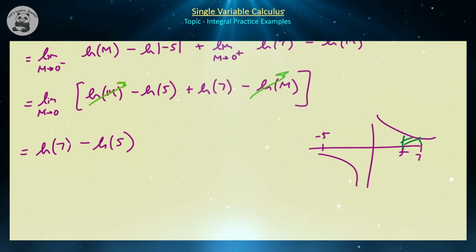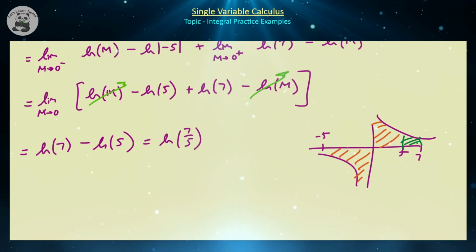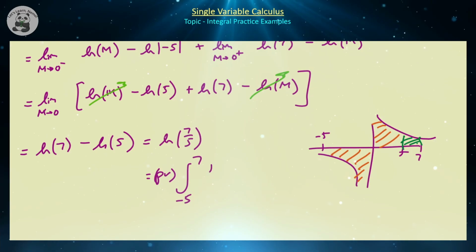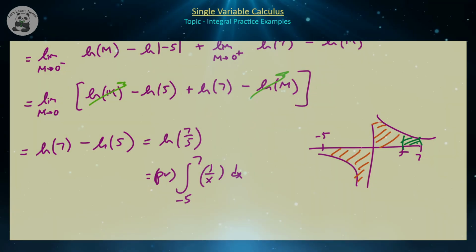This is just this piece here, the natural log of 7 minus the natural log of 5, because this positive infinity and this negative infinity are equal size infinities, just opposites, so they cancel. So that's just going to be equal to the natural log of 7/5, which is the principal value of the integral from minus 5 to 7 of 1 over x dx, which is not to be confused with the definite integral from minus 5 to 7 of 1 over x, which diverges.